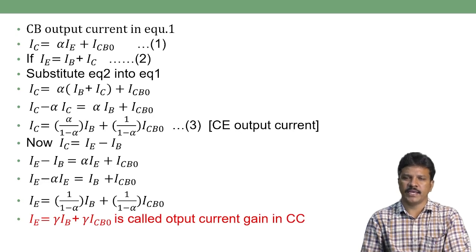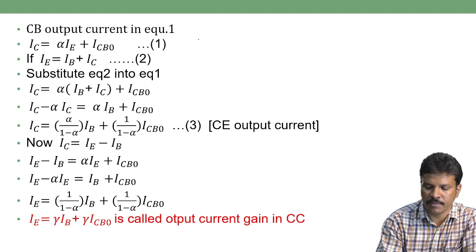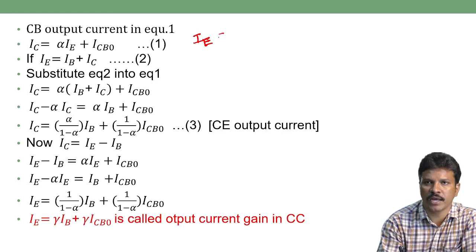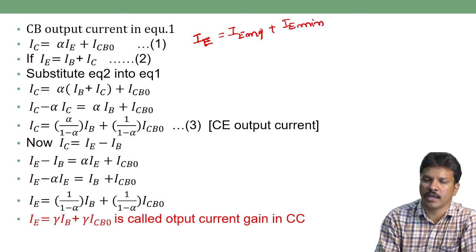Now we will calculate the collector current equation. As I said in the previous lecture, in this case the emitter current is the output current, equal to IE majority plus IE minority, the majority current and minority current.